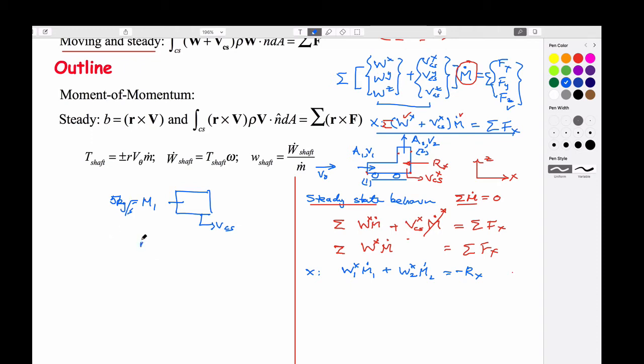So the product of mass flow rate times velocity of the control surface is going to be equal to 5 kg a second times 1 meter per second, right? Yeah. And if this is coming out of here, what's the mass flow rate out of here?